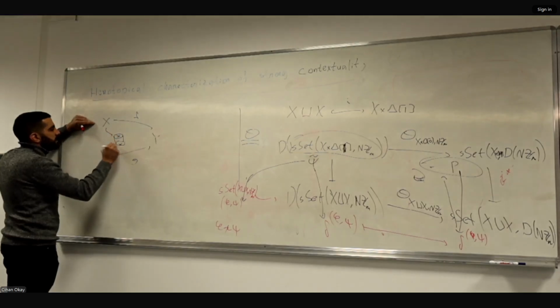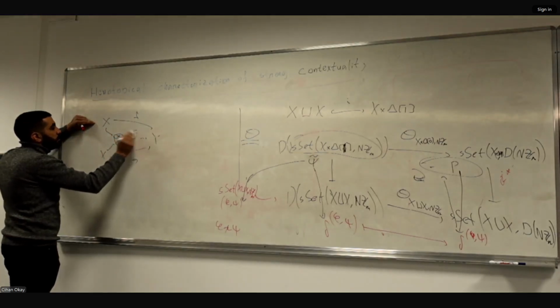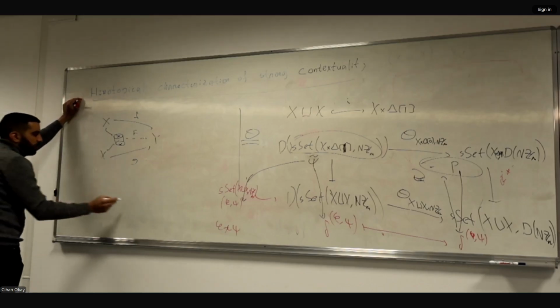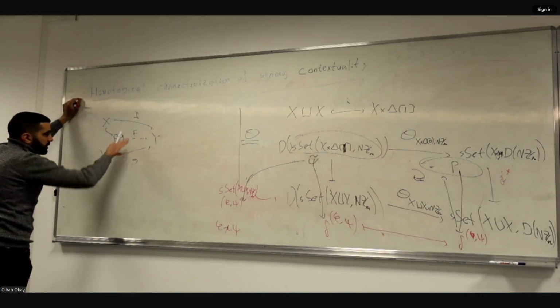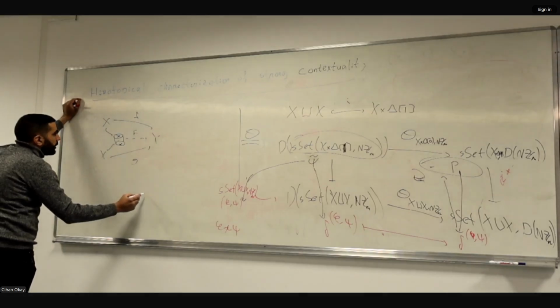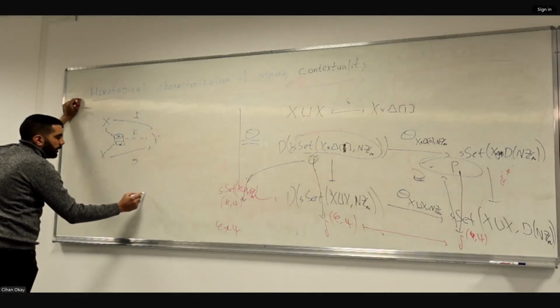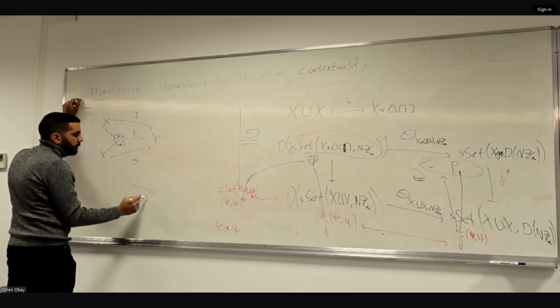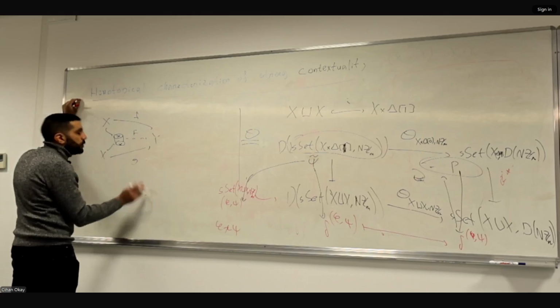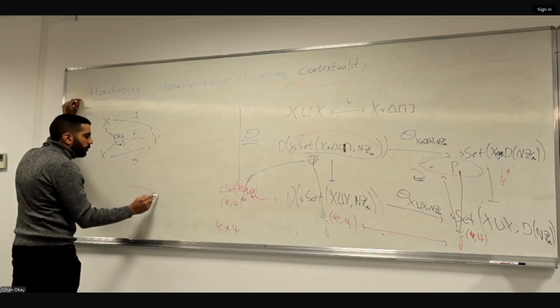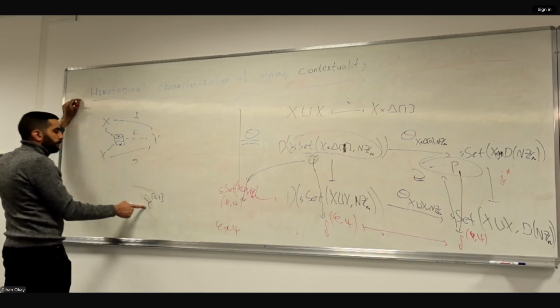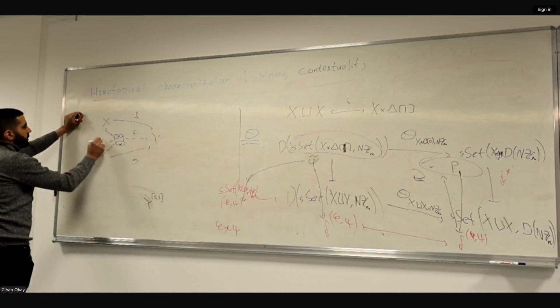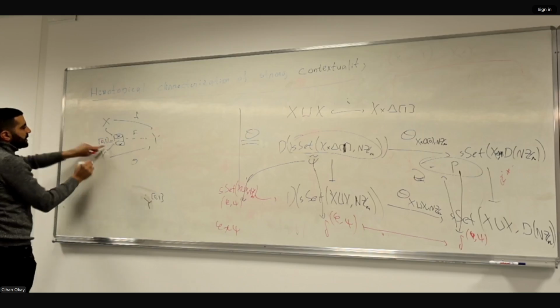This is x. We have a map like this, but we can say something else. We can say that we have here the opposite of this. We have two copies. This is the interval 0 1.